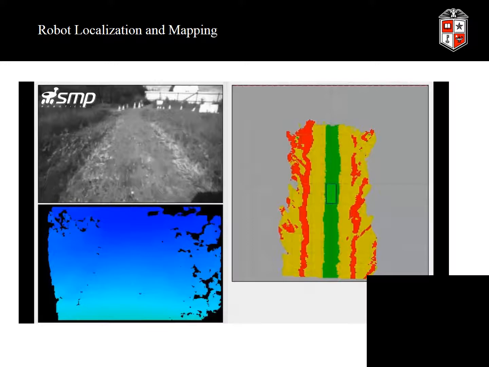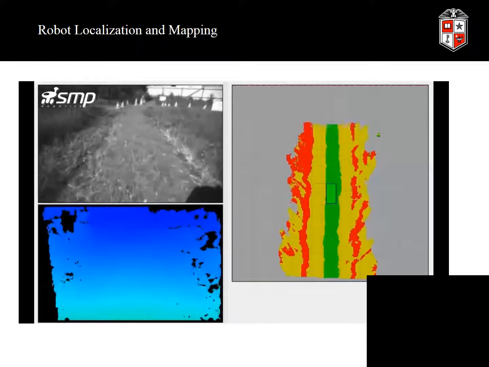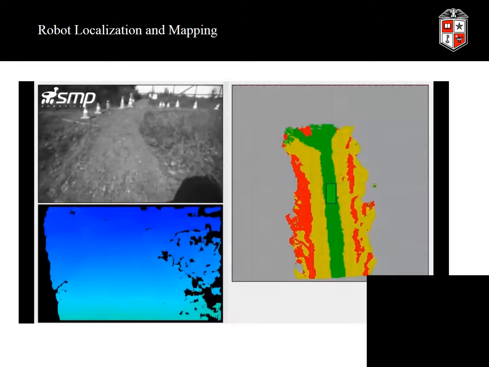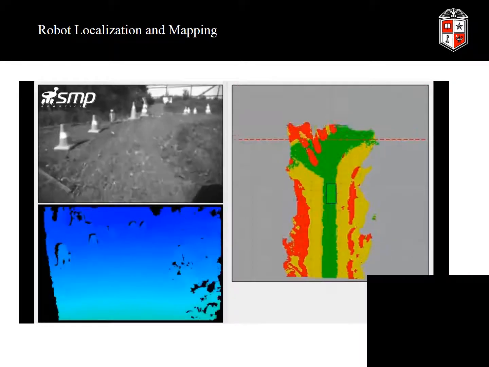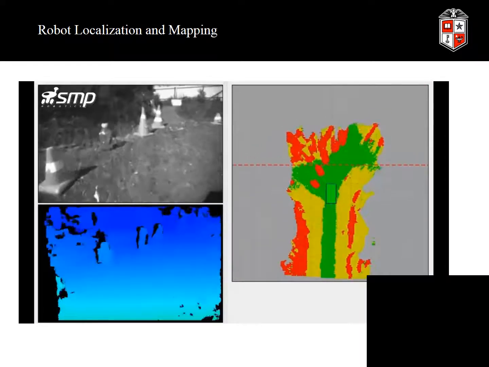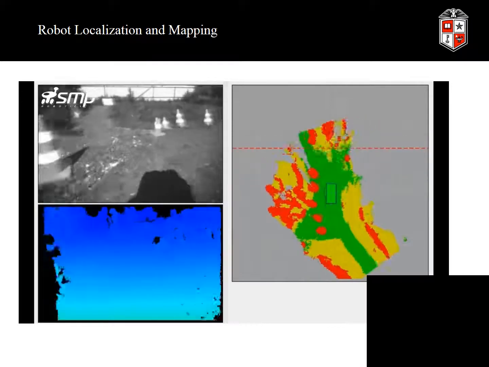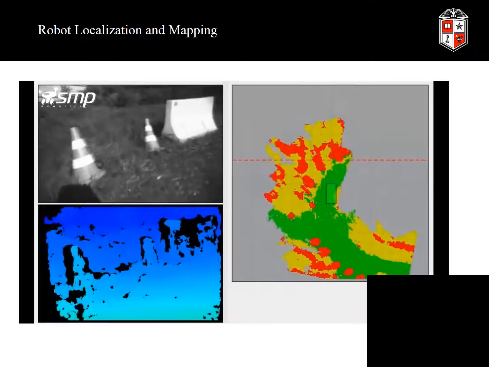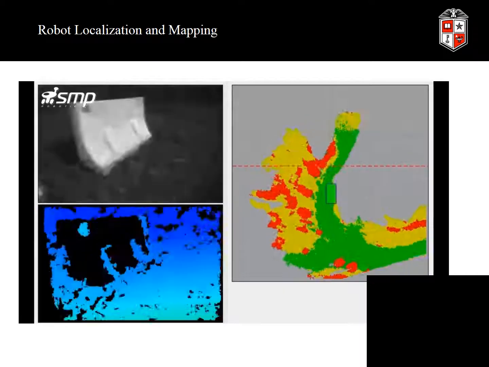The example basically shown here is a video of the robot that is trying to localize itself based on the sensor data received from its surroundings.